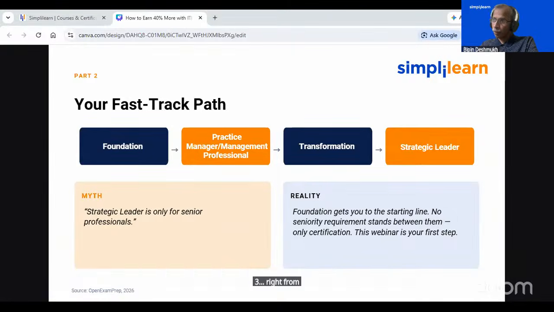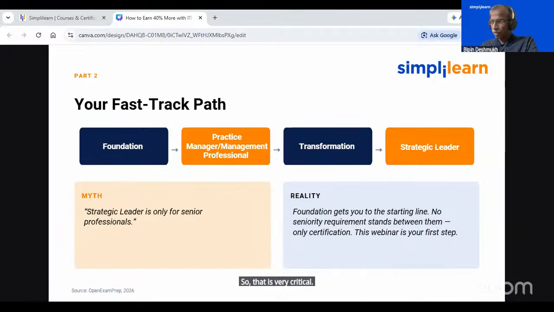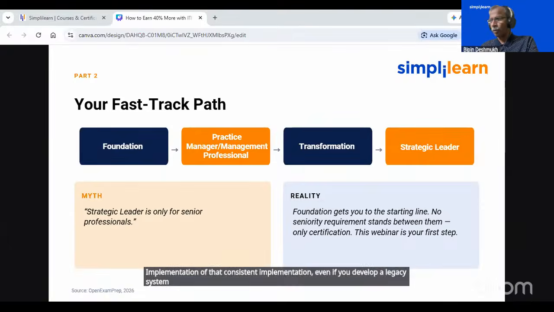Right from there, it allows the operational and maintenance environment to be consistently enhanced in line with the expectations of the customer. So that is very critical. In software, the project would be one time, but the implementation is consistent. Even if you develop a legacy system using a project management methodology, either PRINCE2 or PMP, you move it into the operational maintenance environment and ITIL takes over.